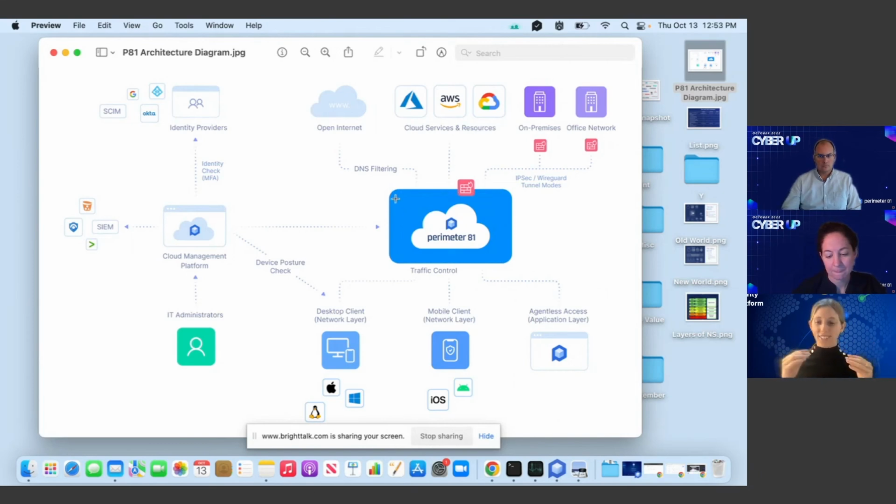So that data is traveling a very short distance, and therefore performance is very good when they are connecting to resources. So we'll spin up gateways in different data centers for an organization. For Perimeter 81, for example, we've got teams in Tel Aviv, New York, Los Angeles, some other locations as well, but that's where we'd put gateways.